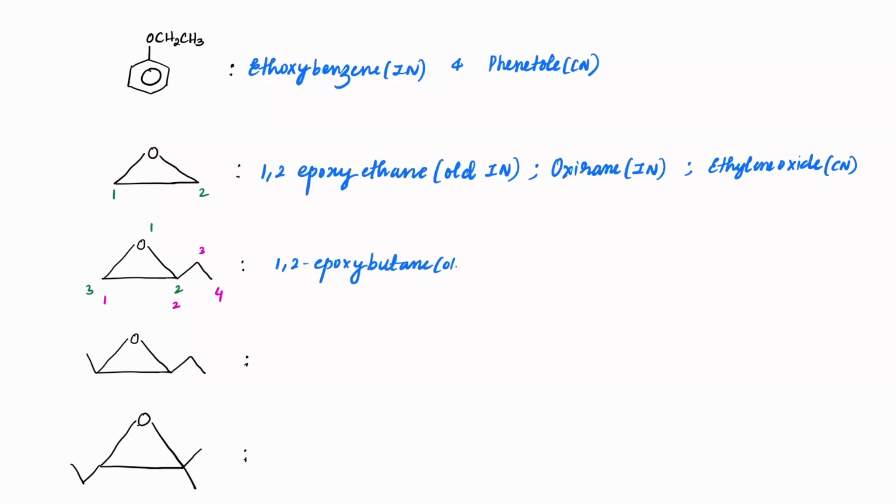But this is the old one. The new one, which is generally accepted more, is using this as an oxirane, starting the numbering with oxygen. So oxygen, then the substituted one, then this third one, which means this would be 2-ethyloxirane. So that will be the actual IUPAC name.